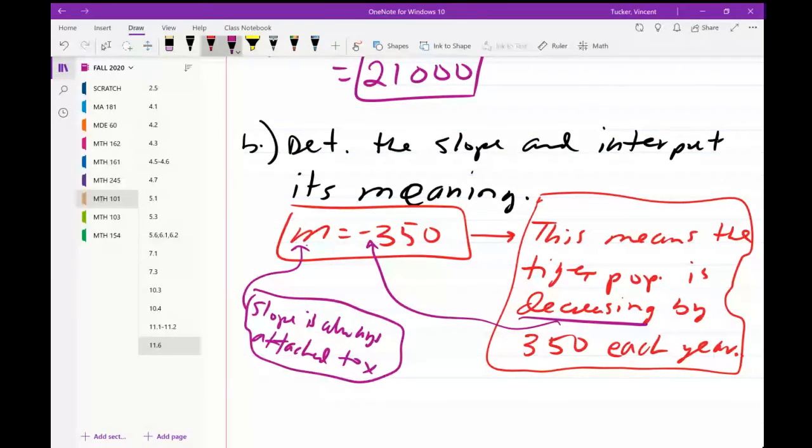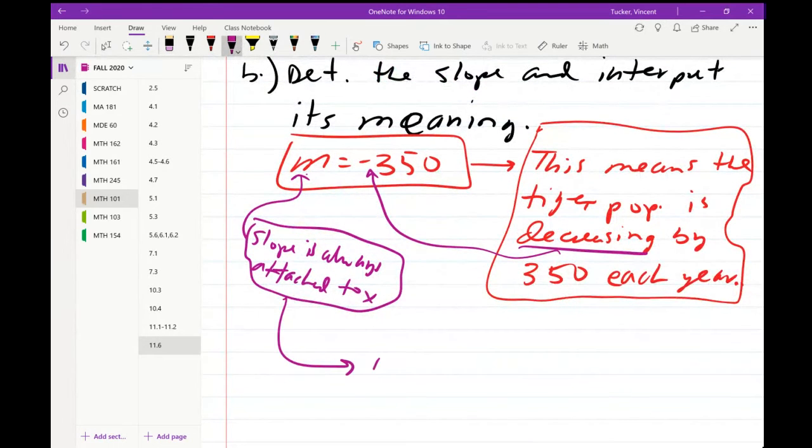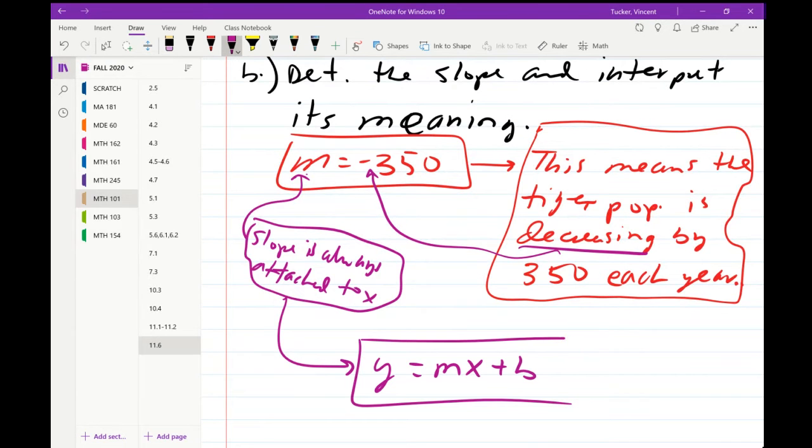That formula is your slope-intercept form, in which whenever y is solved for, like I said, the value attached to x is your slope.